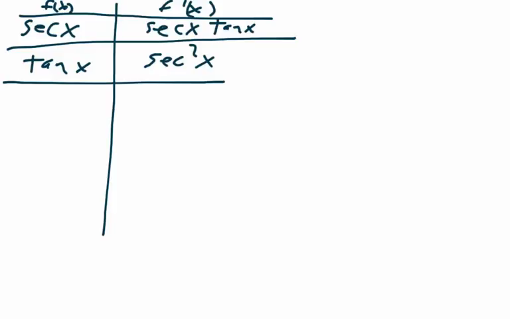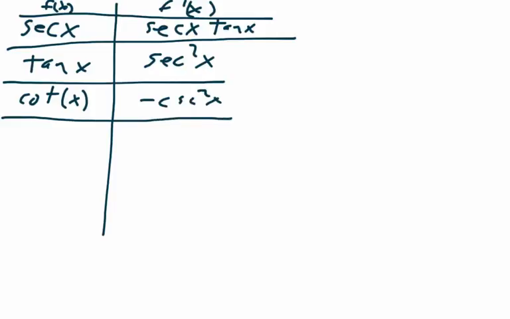The derivative of cotangent is negative cosecant squared, and the derivative of cosecant is negative cosecant cotangent. And as a reminder, anytime you have a c, you always start those out with a negative.